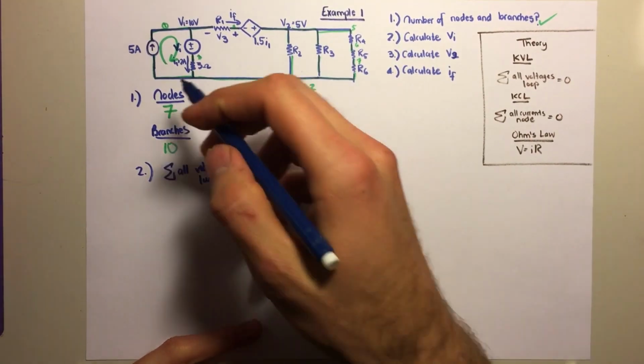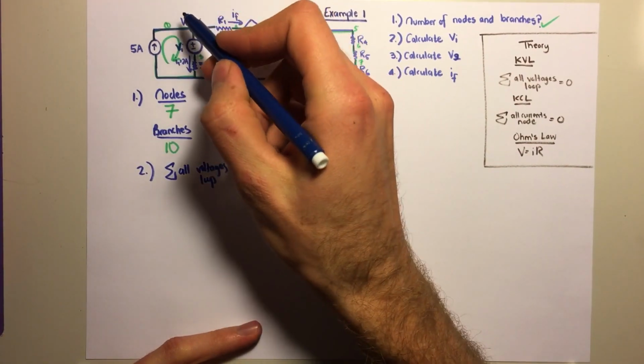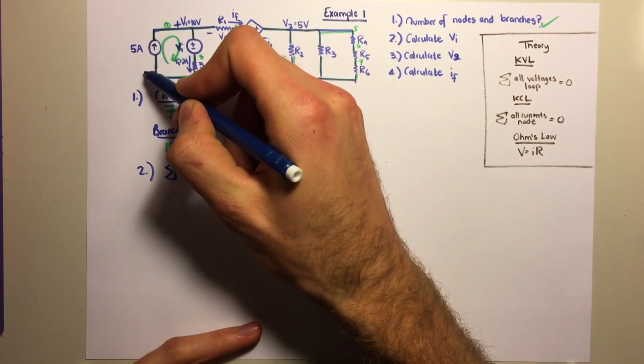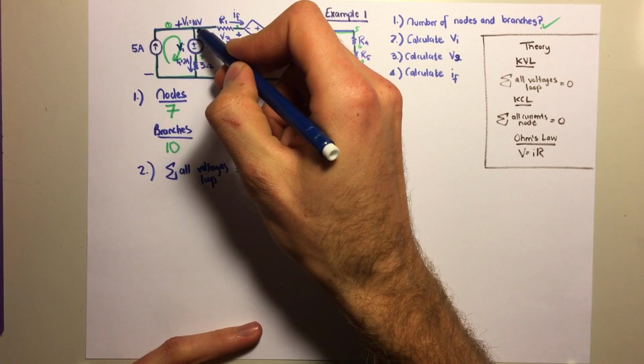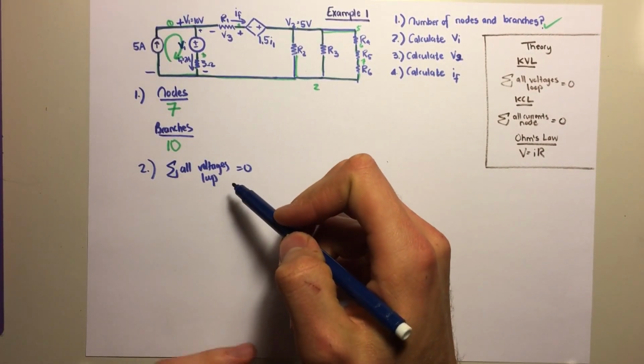So we know the sum of all the voltages within this loop has to equal 0. We know this voltage here is plus 10 volts there, so then it must be plus minus polarity like that, and the same thing here. So there are two ways to look at this problem. I'm going to do the KVL way first, which is the sum of all the voltages equals 0 in this loop.